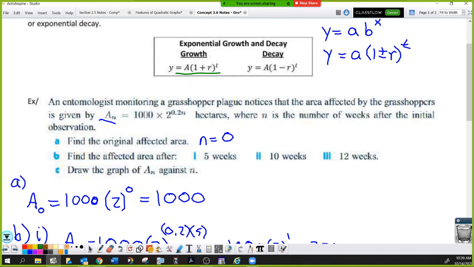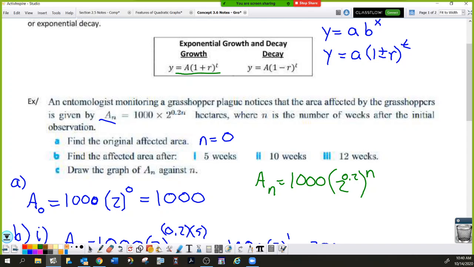Remember, a power to a power, you multiply those exponents, right? So we could have written it like this. And then you would have to grab a calculator and figure out what 2 to the 0.2 is. I'm not even going to pretend to know. 2 raised to the 0.2 to 3 sig figs is 1.149.